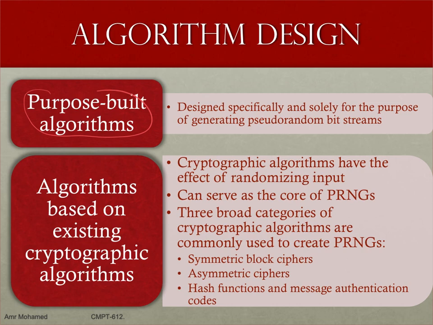RC4, as a stream cipher, uses a certain seed or key to generate a random sequence, and then it uses the Vernam cipher. Very, very simple. This algorithm is purposely used for generating a random sequence. Or we can use some cryptographic techniques as the random generating algorithm.